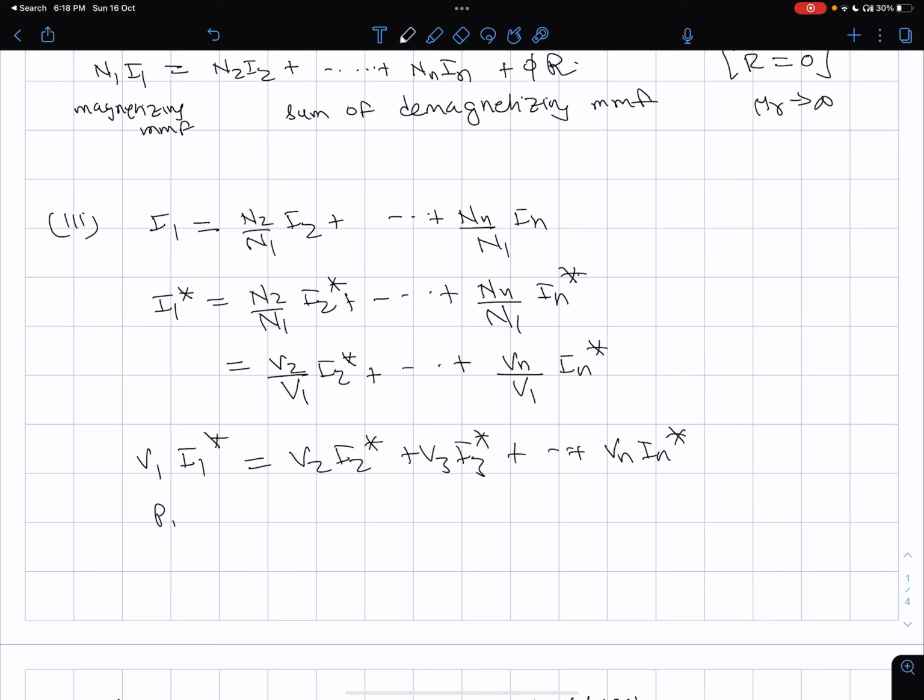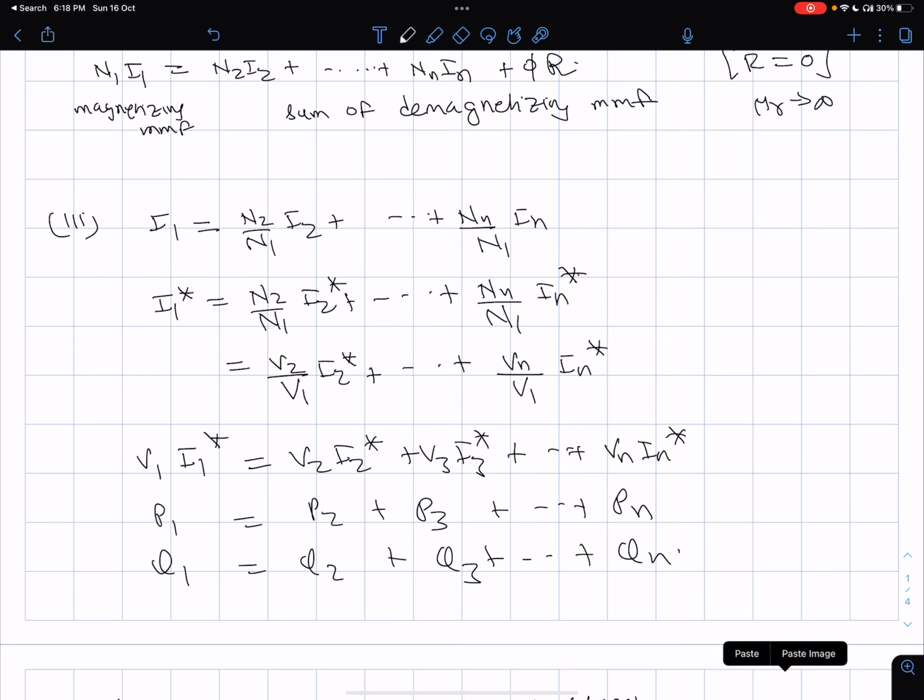So that means P1 is equal to P2 plus P3 and so on up to Pn, and Q1 is equal to Q2 plus Q3 and so on up to Qn. So therefore, whatever is the input power in megawatts is being pushed out from the remaining n windings, which are winding 2 to winding n.